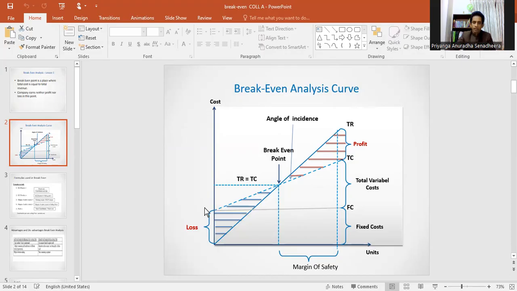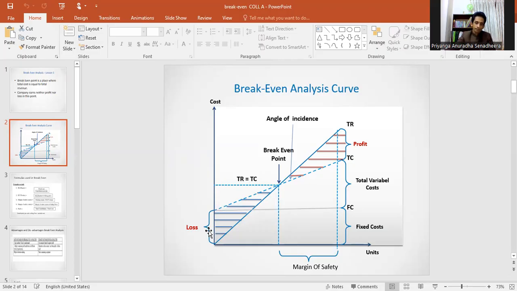After that, imagine it is a past paper question and there is a way to calculate the break-even output. You can calculate and mark that point here, and draw a dotted line to get the break-even output, and a dotted line to get the break-even value or the revenue at the break-even value.